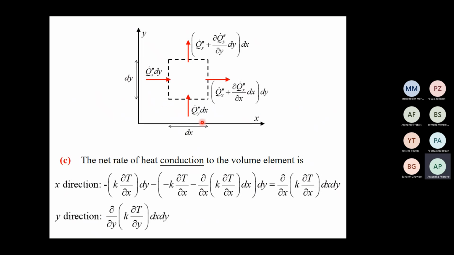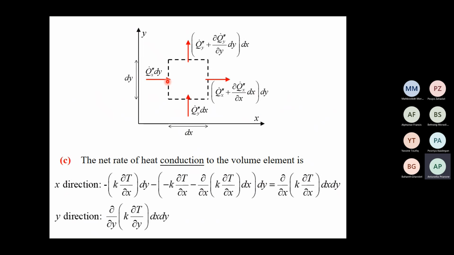For the y direction, similarly, q dot y with two apexes, the heat flux, multiplied by dx by 1, that is the area. For the outlet, it's the same. I take the inlet, I do the derivative in y, considering the coordinate y plus dy, and I multiply everything by dx to consider the area. For x it is the same.